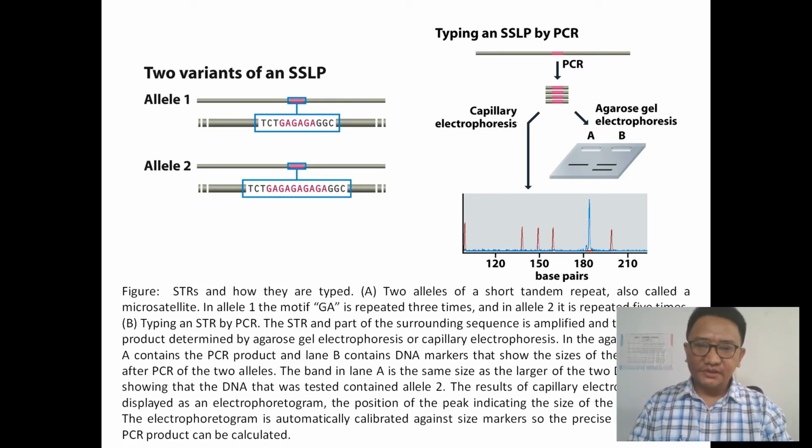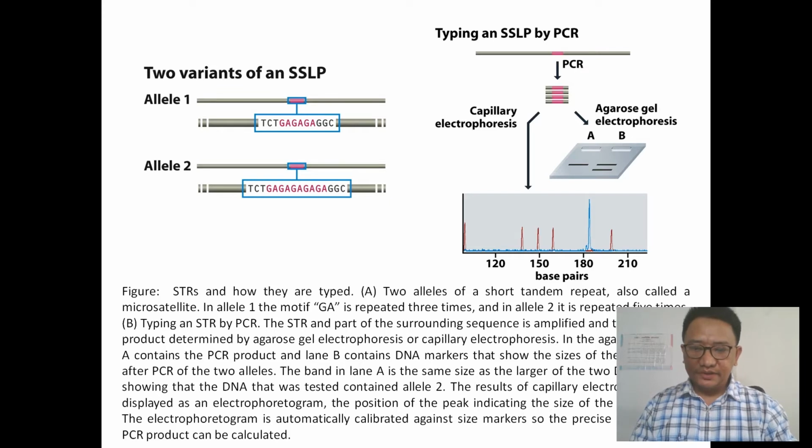SSLPs are nothing but tandem repeats of DNA. Let us consider 2 alleles, allele 1 and allele 2. There are 3 repeats of a dinucleotide in allele number 1, and in allele number 2, the repeat occurs 5 times. A PCR primer can be designed along the repeat sequence and the flanking regions to amplify the region, giving amplification products based on the number of repeats.